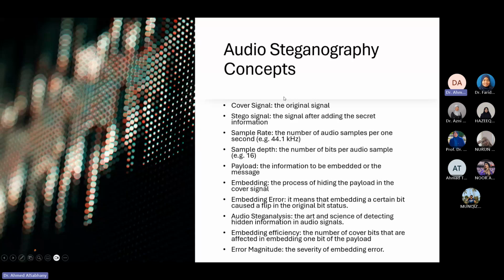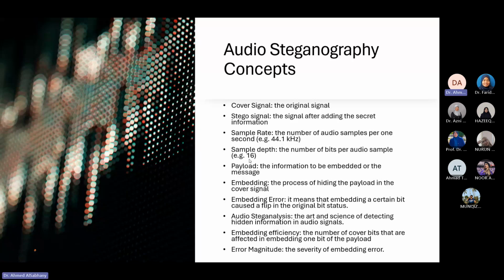We will talk about some concepts in audio steganography. The first concepts, or terms, in audio steganography: the cover signal is the original signal. The stego signal is the signal after adding the secret information. And the sample rate is the number of audio samples per second.